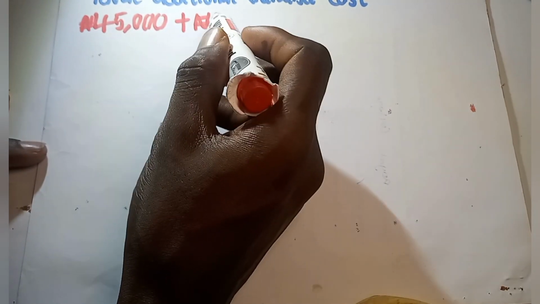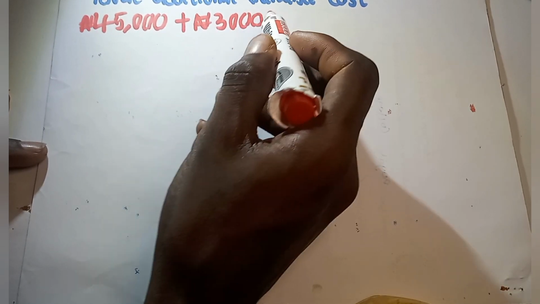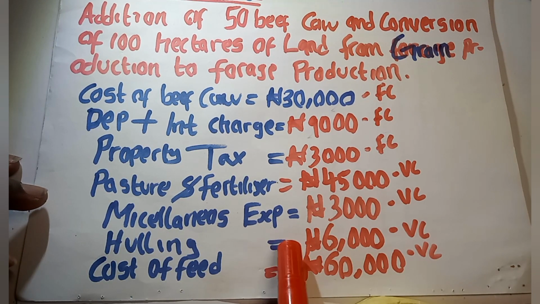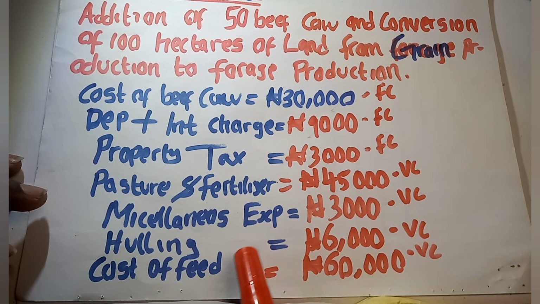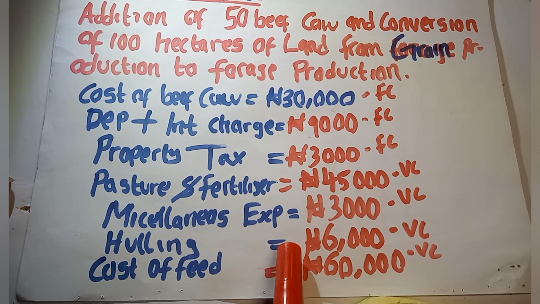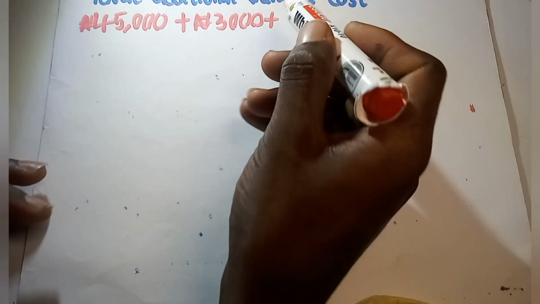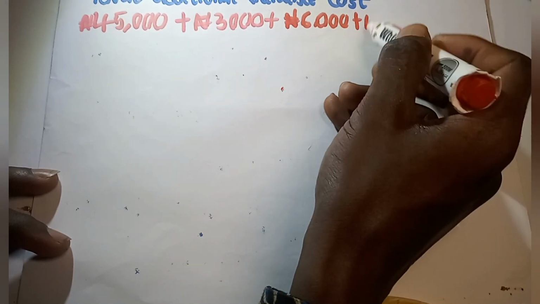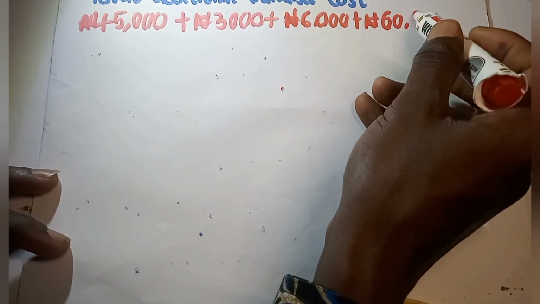Oiling, which is also known as transportation, is 6,000 naira. Plus the cost of feed, which is also a variable cost, 60,000 naira.